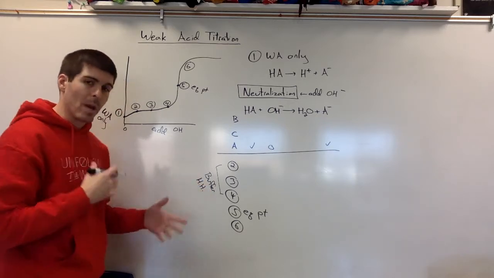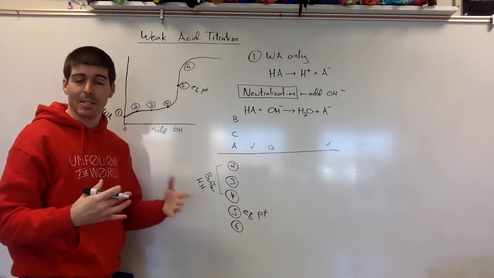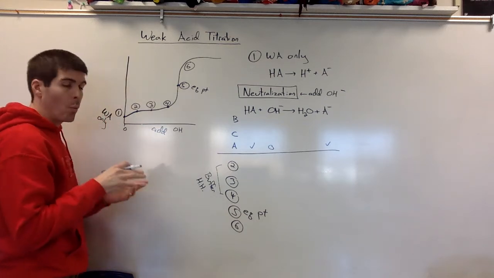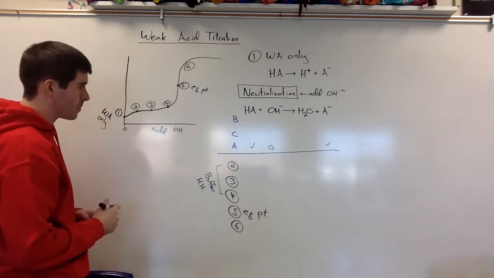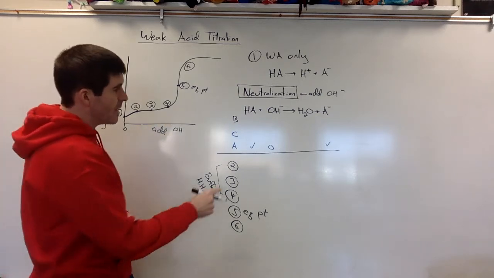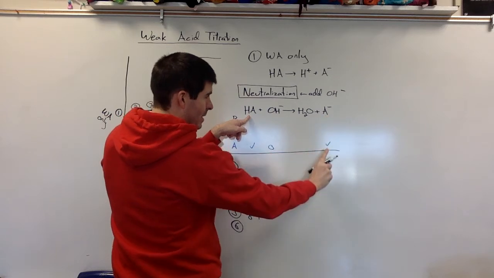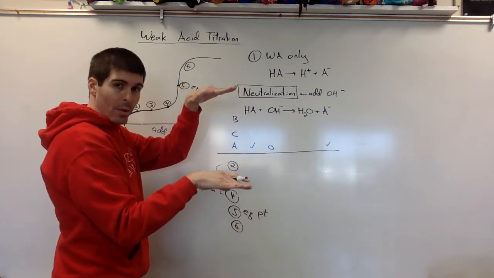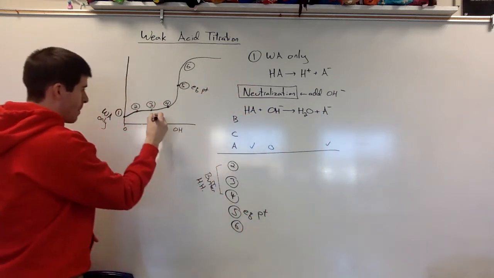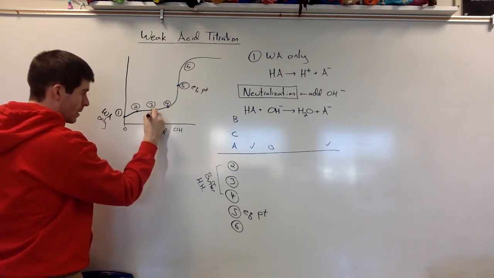But then separately, we also want to look at, conceptually, without any math, what species are present. And you get a sense that as the hydroxide goes down, the A- is increasing, and there's a point where they're going to cross. And that makes point 3 the midpoint.